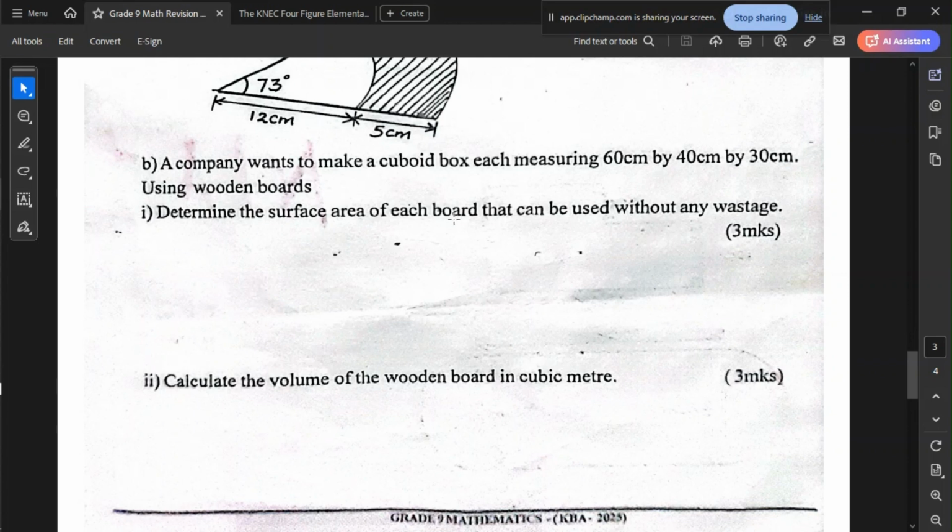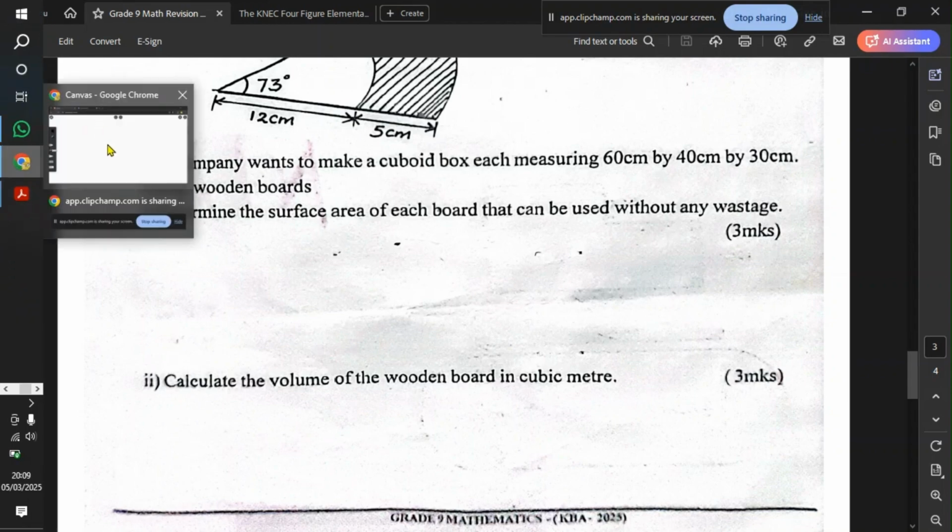Determine the surface area. So I'll go to the other side and try to draw a cuboid. How does a cuboid look like? So let me divide my section in that form.